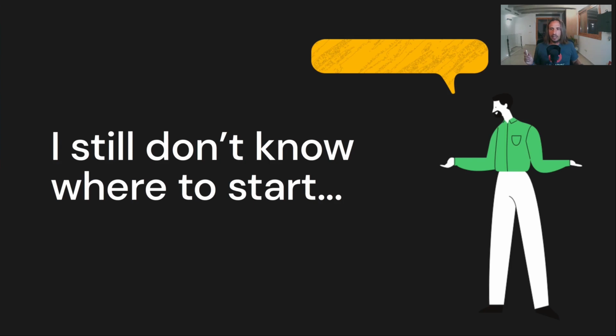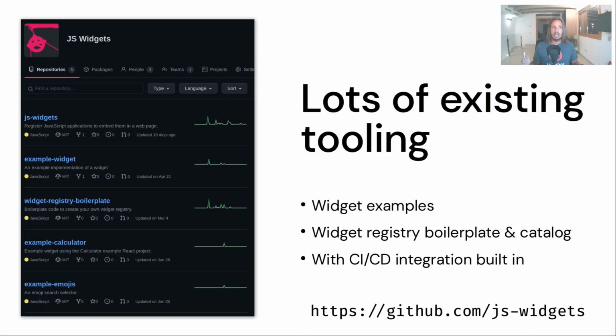All right, you may be wondering, yeah, but still don't know where to start, right? And that's fair, and I skipped all this because there are lots of tools. Like if you head to github.com/js-widgets, you'll see that in that GitHub organization, there are several example repos for writing your widgets, and they come with CI integrations and with tooling to like bundle the application together, so it's easier for the browser to render them.